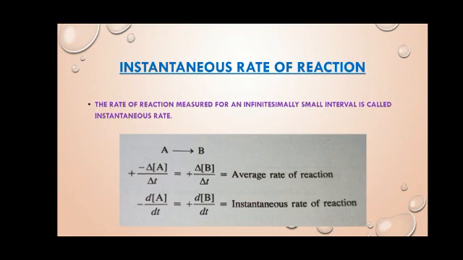And this conventional negative sign represents the decrease in the concentration of reactant when the reaction progresses. Again, the conventional positive sign represents the increase in the concentration of product, and instantaneous rate can be given with respect to product by writing d[B] upon dt.